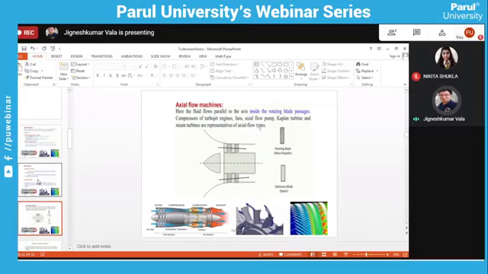We will start with the first, the axial flow machines, where the fluid flows parallel to the axis inside the rotating blade passages. So please note that the flow is coming in the x direction only, right? This is known as the axial flow.